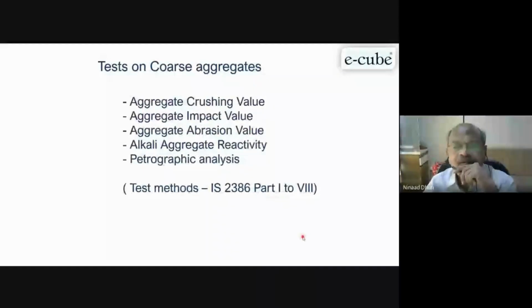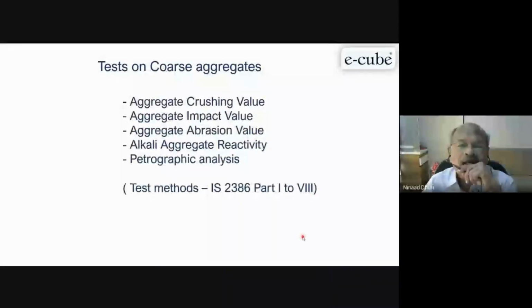And there is a petrographic analysis. You must have heard of it in your geology lecture: the petrographic analysis of rocks. Similarly, there is one for aggregates, because there are a lot of issues. Once the rock is formed from lava, depending upon the cooling process, it develops various defects, and one has to understand them in the aggregate.